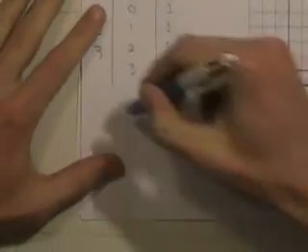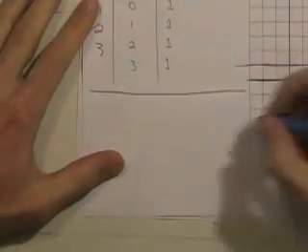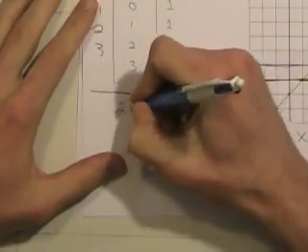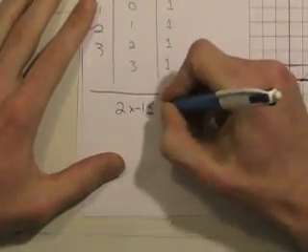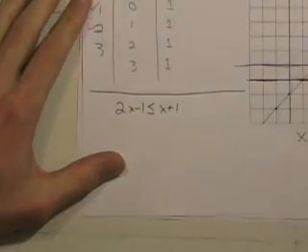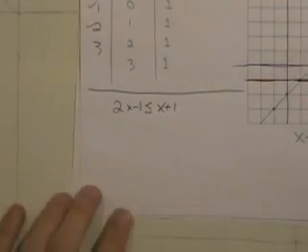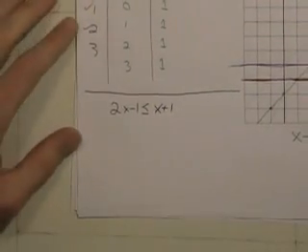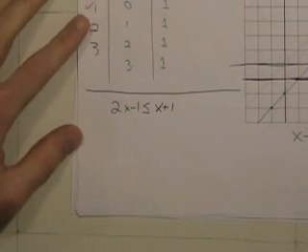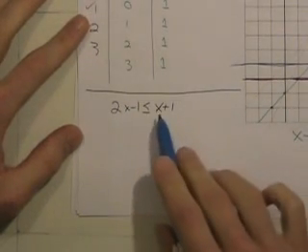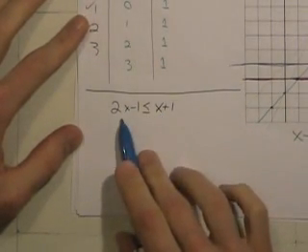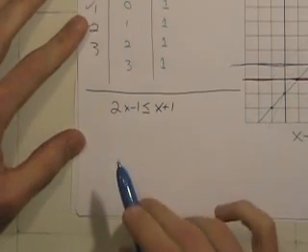So the original problem was 2x minus 1 is less than or equal to x plus 1. A good habit to get into for solving inequalities, especially more complicated ones, is to get a 0 on one side. So I'll take both of these terms over here, so I'll subtract x plus 1 from both sides.